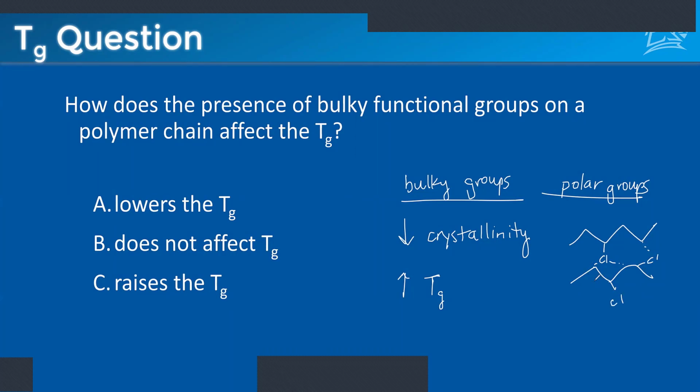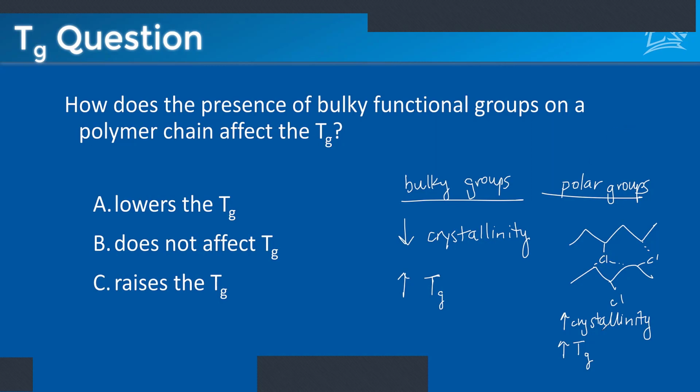Here's all the hydrogen bonds. So that's going to promote the chains packing closely together, which is going to increase crystallinity, right? Chains close together means we're going to get more crystalline domains. It's also going to increase glass transition temperature because we've got more secondary bonds between these chains.